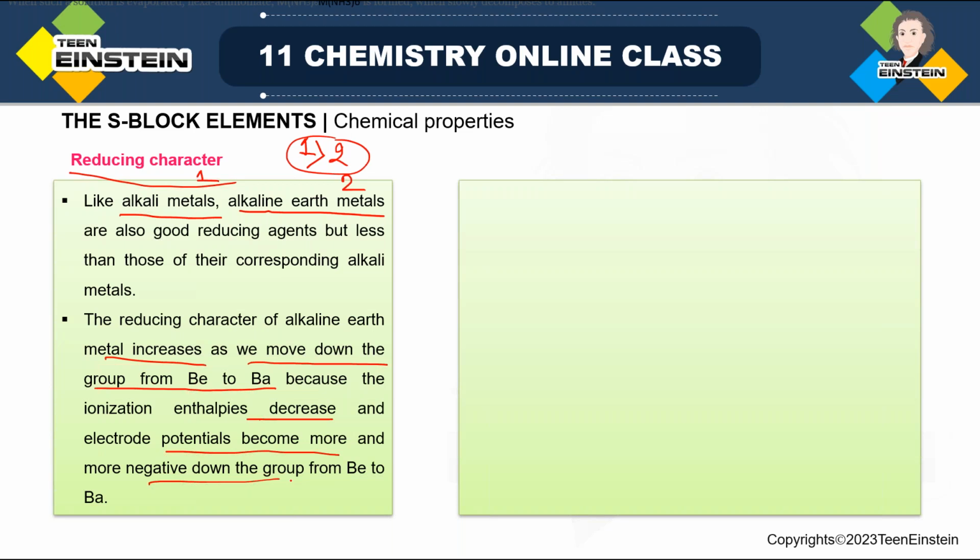One of the reasons is that ionization enthalpy decreases down the group, so it will be easier for the elements to reduce other species when you are moving from beryllium to barium. So compared to group 1, their reducing character is less, and when you are moving down the group, reducing character is increasing. Okay.